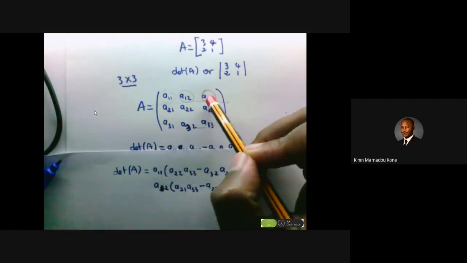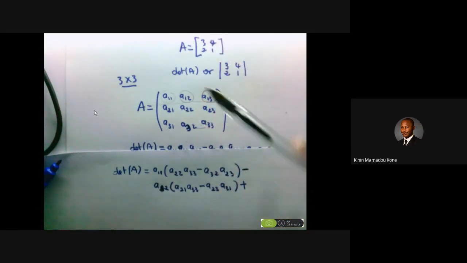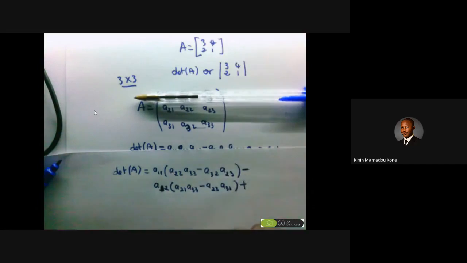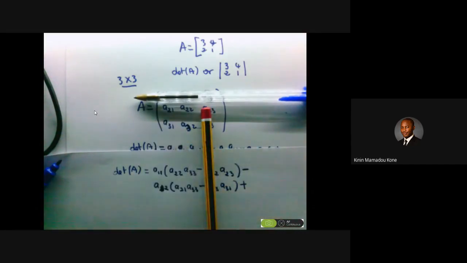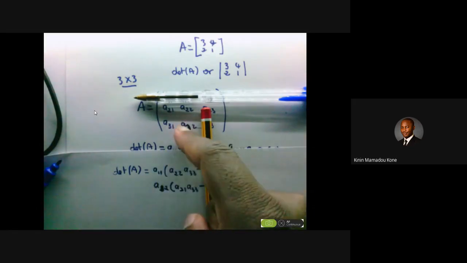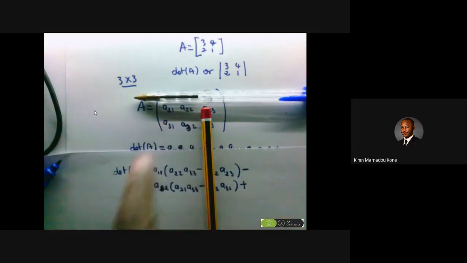So that means you have to eliminate the first row and the third column. I'm left with this small matrix here. And then I'm gonna do the multiplication by diagonal. So this one times this one minus the other multiplication by diagonal, this one times this one.